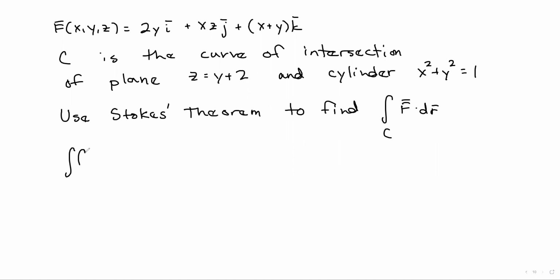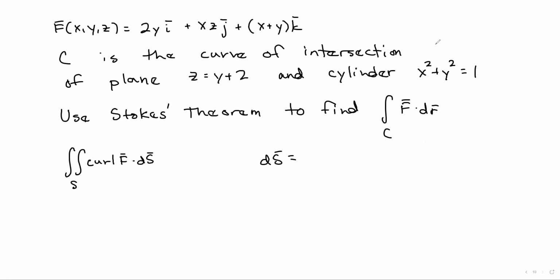So we're going to go through and find curl of f dot dS over the surface. Okay, so to do that, this is a couple step problem. We need to go through and find dS. And again, you need to figure out what's your surface. So it's the curve of intersection of the plane.